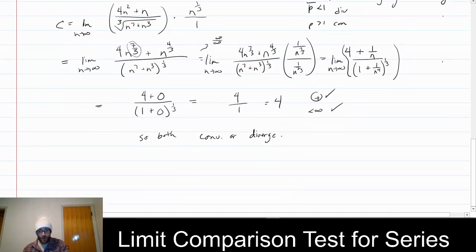And we know that 1 over n to the 1/3 diverges by the p-series test.